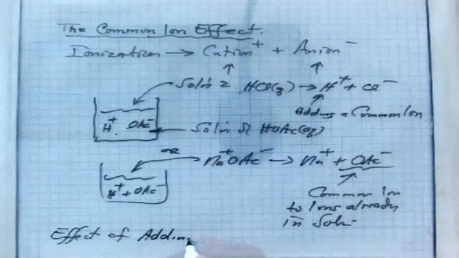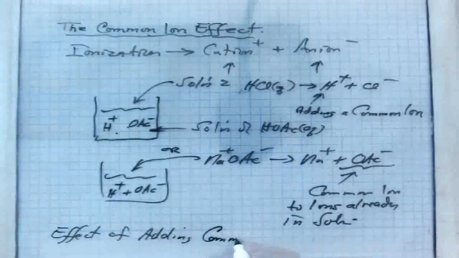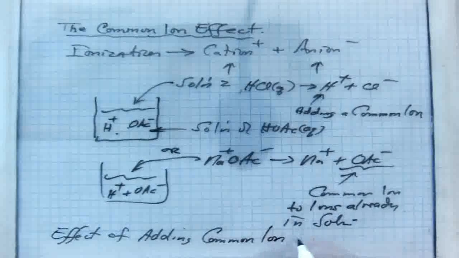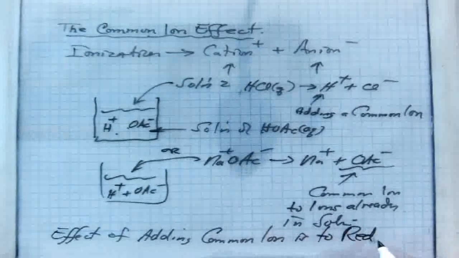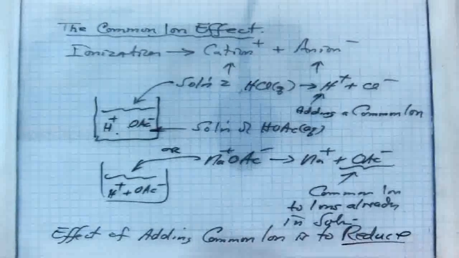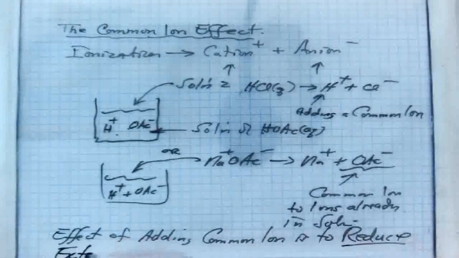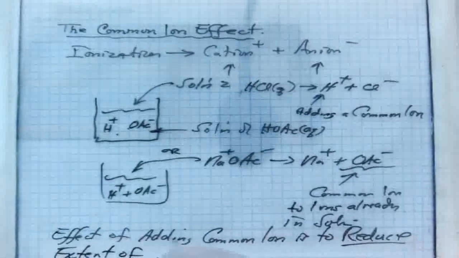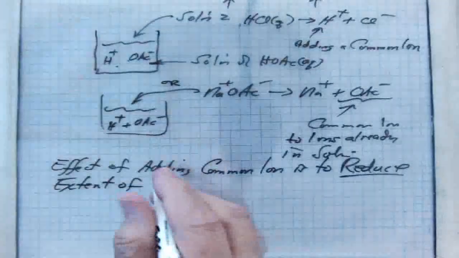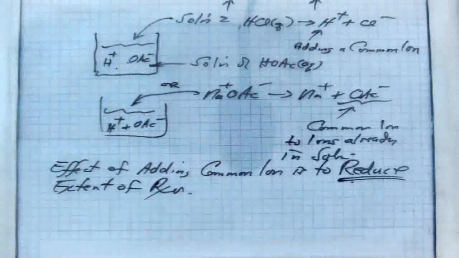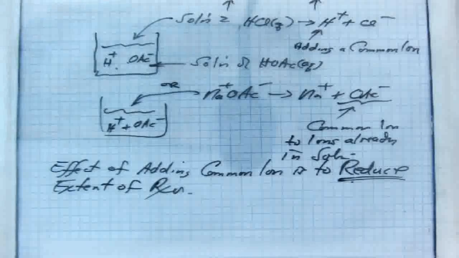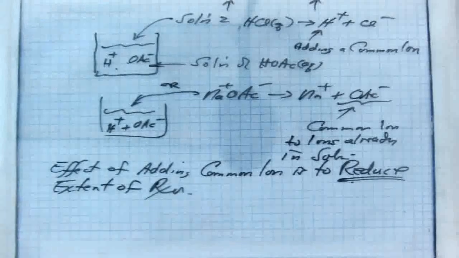So what we're saying is we're going to calculate the percent ionization, for example, of acetic acid in pure water, and compare that with the percent ionization if we have that acetic acid in a solution with a mixed solute, or a common ion, either H or OAc.